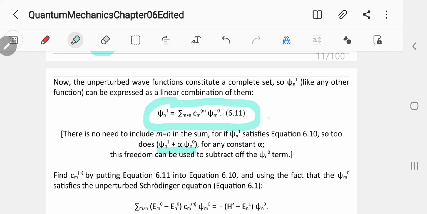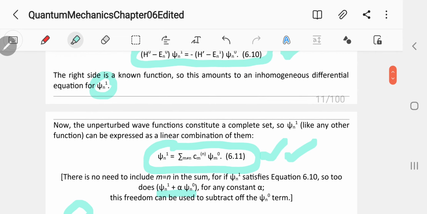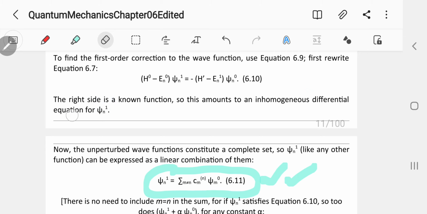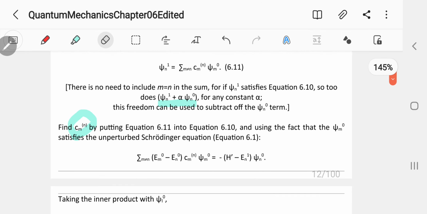So from here we can do something to find c_m^n by putting this equation here into 6.10, which is just this one here. So doing that, we will be able to arrive at this equation here.